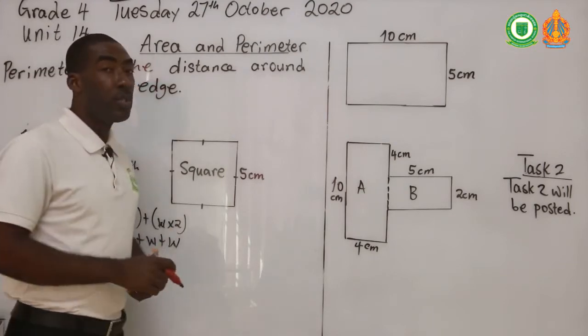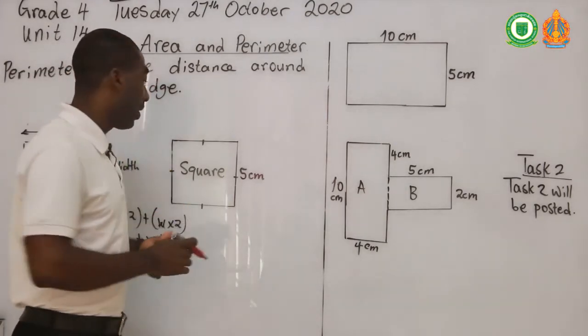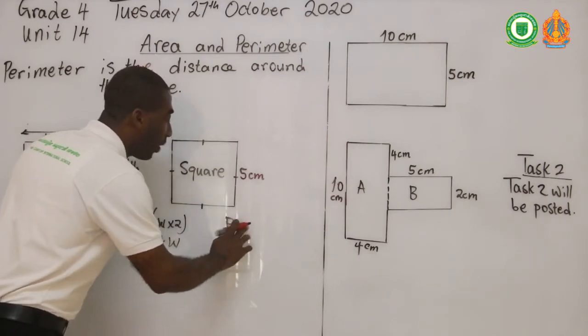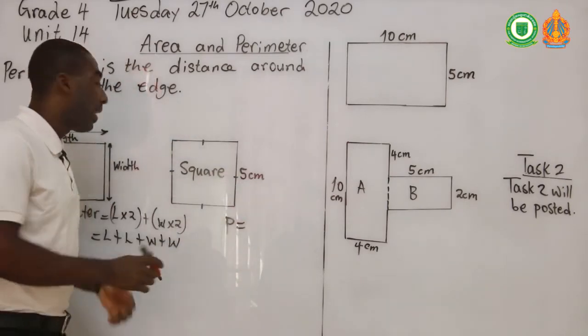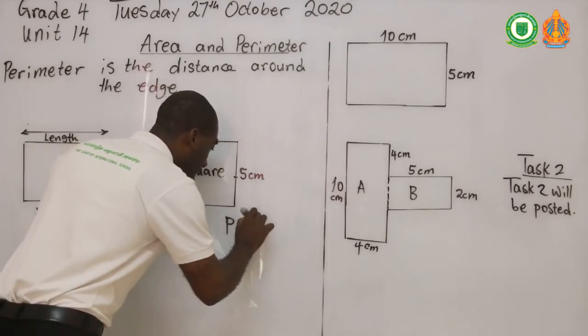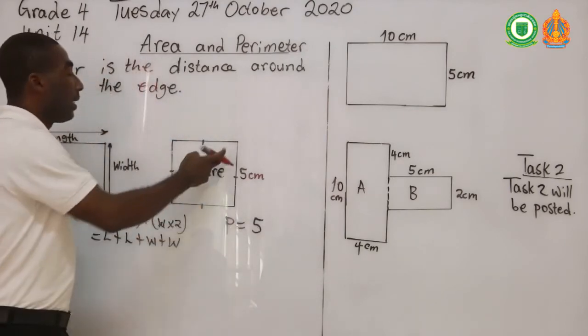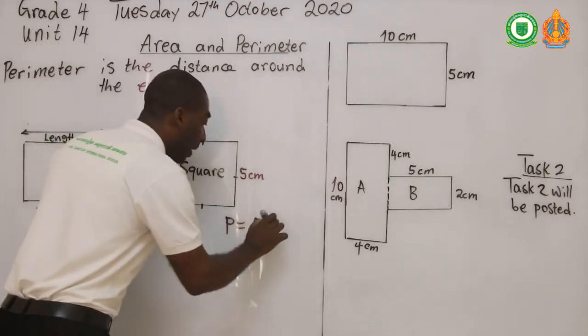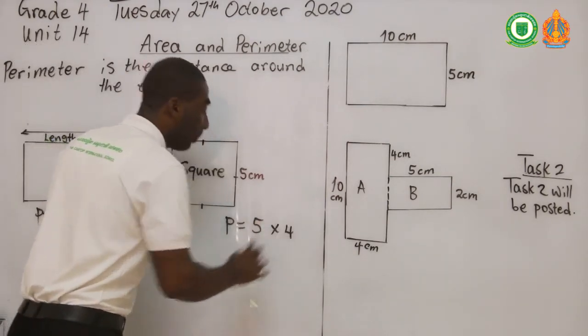So we're going to use P for perimeter, okay? So we're looking for perimeter of this square. We know that one side is 5. And then we are dealing with 4 sides, okay? So what we're going to do is multiply by 4 because it's a square.